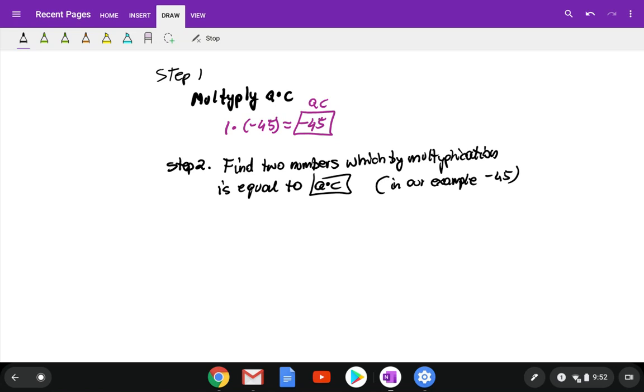And the sum of those two integers, because we will only be dealing with integers, must be equal to coefficient b.